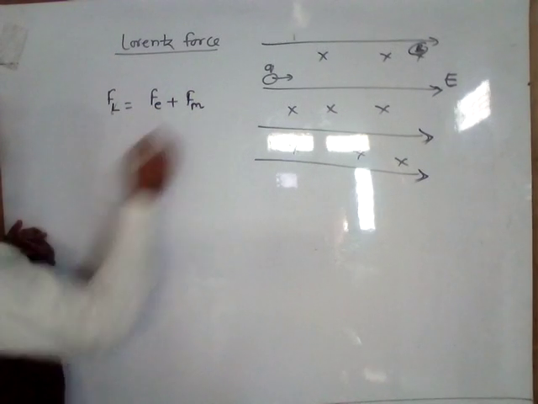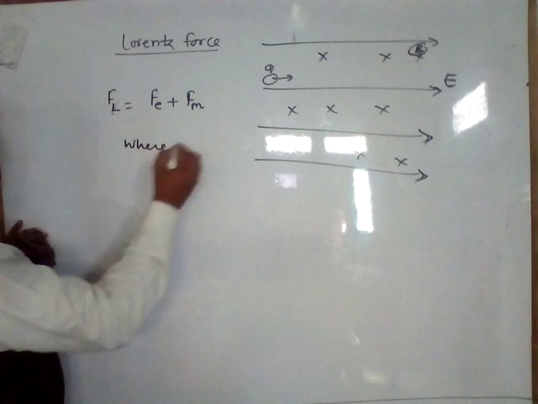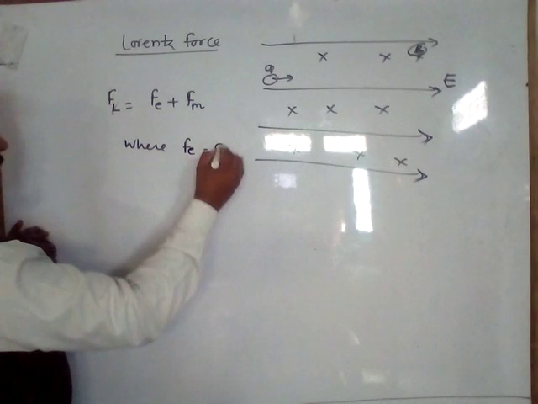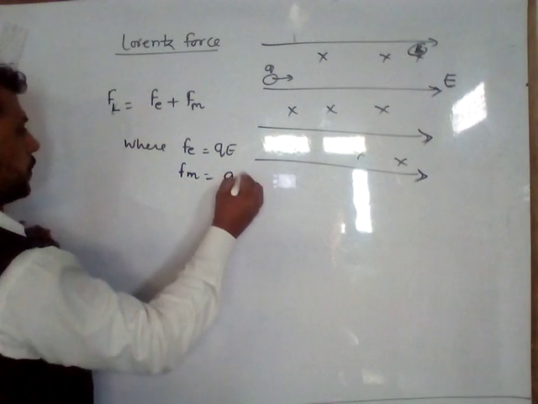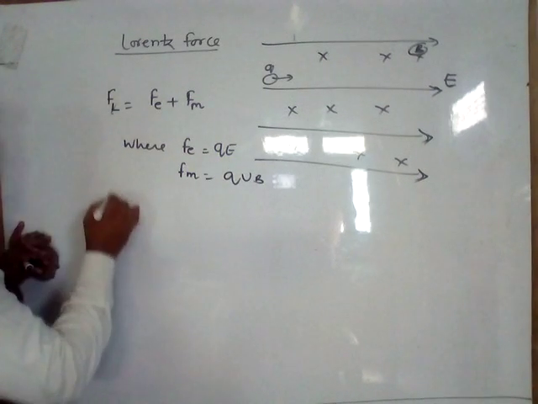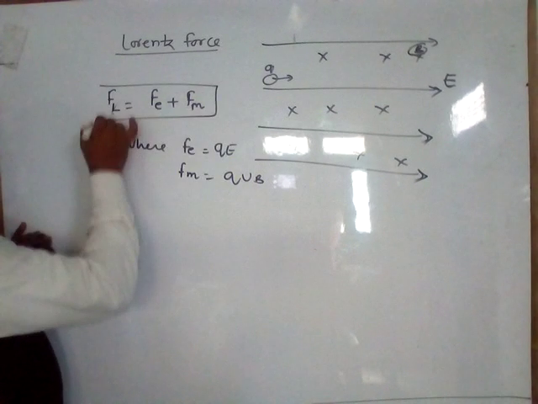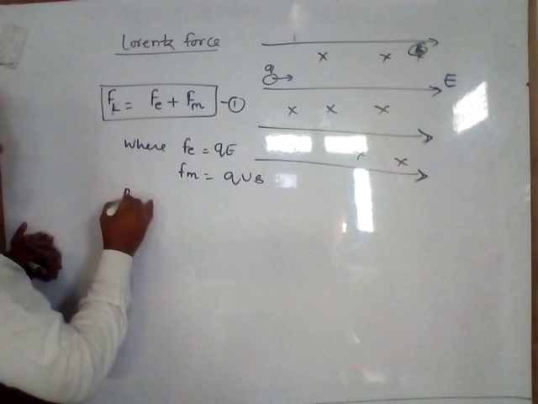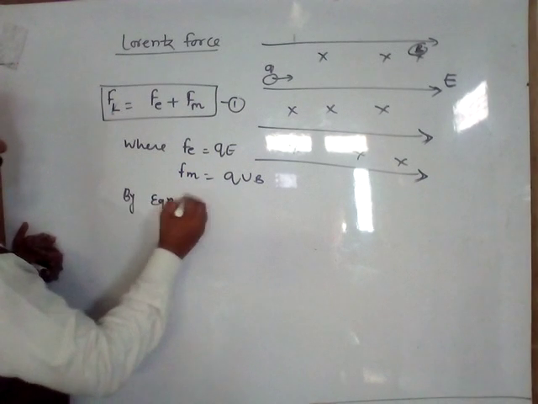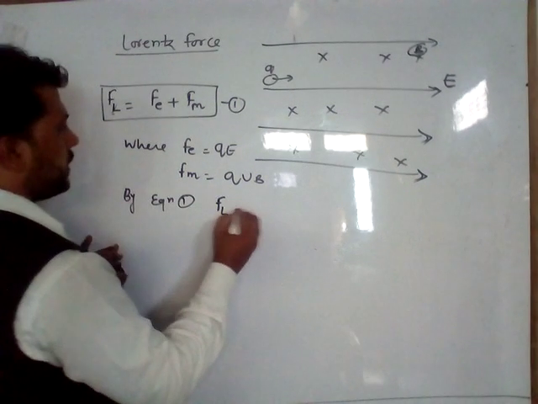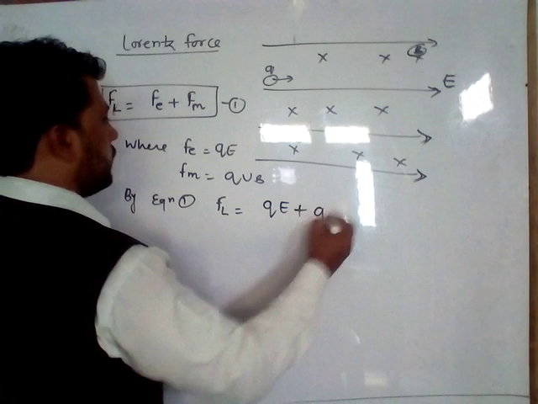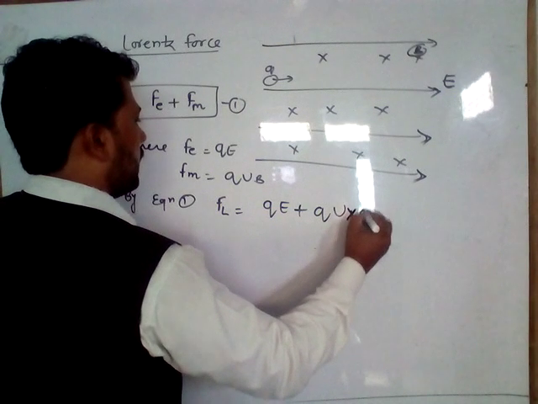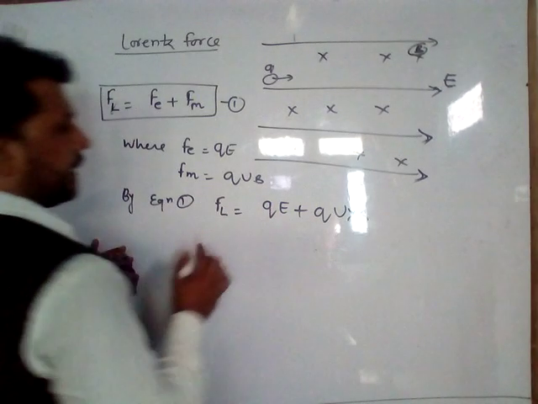According to Lorentz, the resultant force or Lorentz force is equal to the sum of electric force and magnetic force. So Fe is equal to qE and Fm is equal to qVB. By the first equation, F Lorentz equals qE plus q V cross B, and this is qVB sin theta.